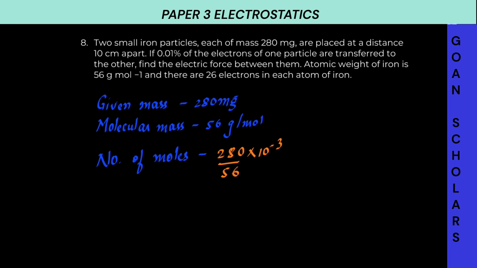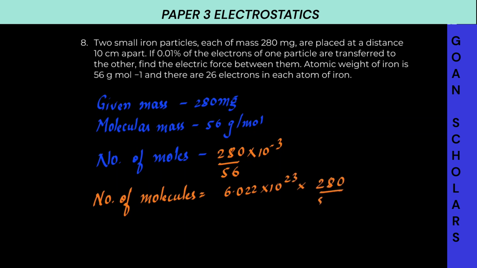Now each mole has how many molecules? 6.022 into 10 to the power 23, right? So number of molecules of iron present in these number of moles will be 6.022 into 10 to the power 23 multiplied with number of moles here. Correct? Great.